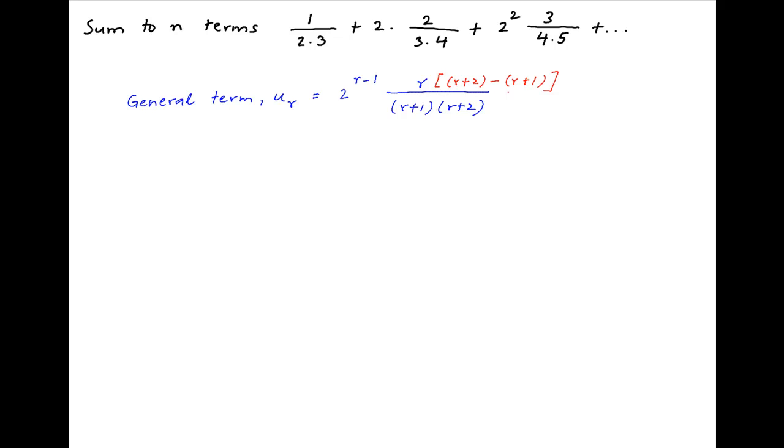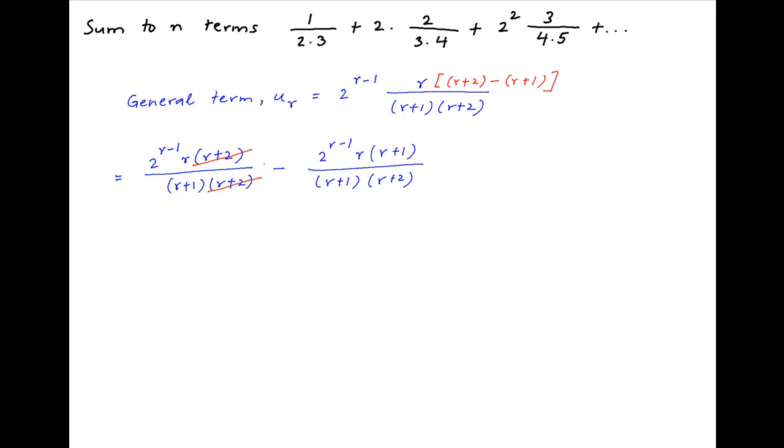Therefore, U_R can be expressed as the difference of two terms. The first term is 2^(R-1) times (R+2) divided by (R+1)(R+2), and the second term is 2^(R-1) times (R+1) divided by (R+1)(R+2). R+2 cancels across the numerator and denominator in the first term, and R+1 cancels in the second term.